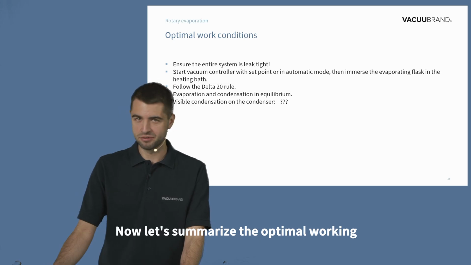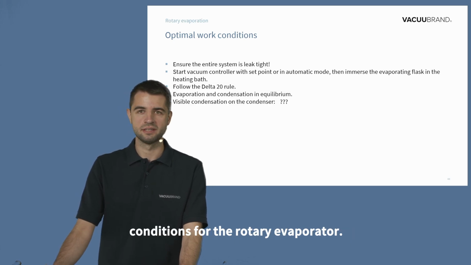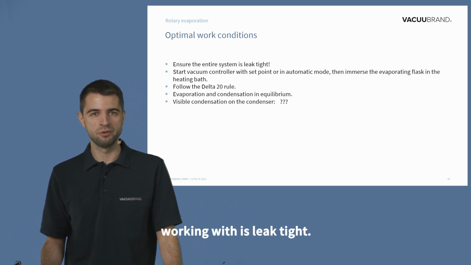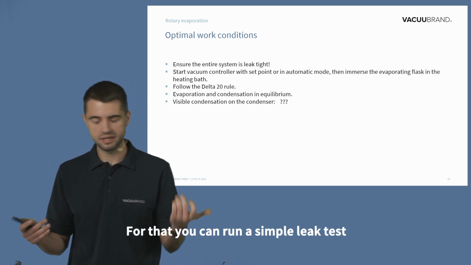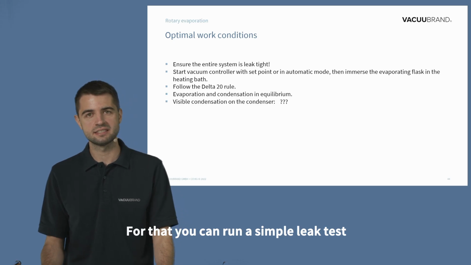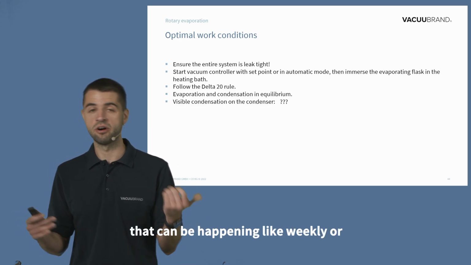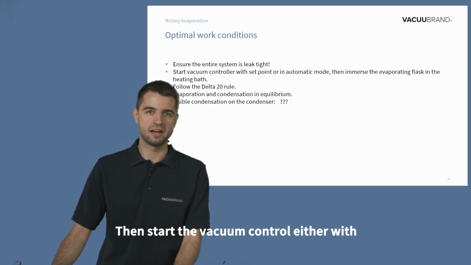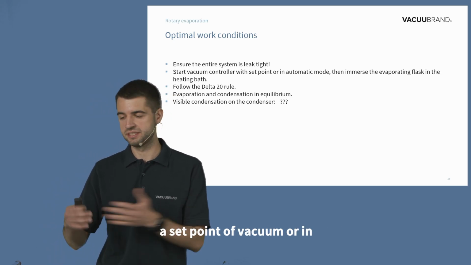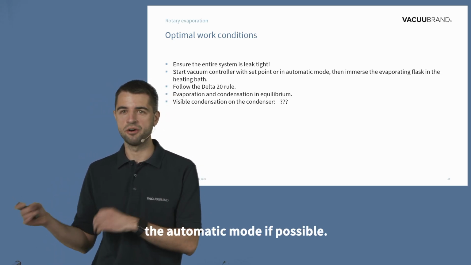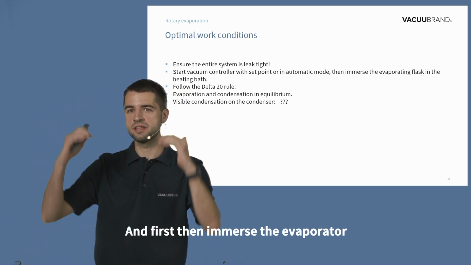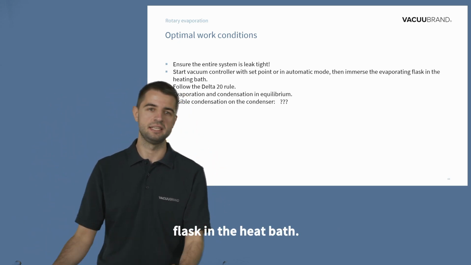Now let's summarize the optimal working conditions for the rotary evaporator. First, you have to make sure that the entire system you're working with is leak tight. For that you can run a simple leak test, which can happen weekly or monthly, that's up to you. Then start the vacuum control either with a set point of vacuum or in the automatic mode if possible. And only then immerse the evaporating flask in the heat bath.